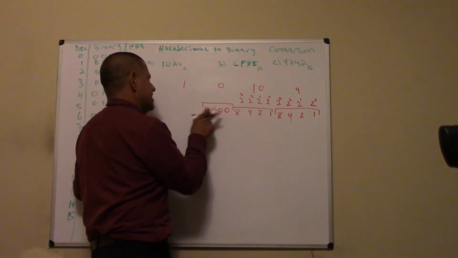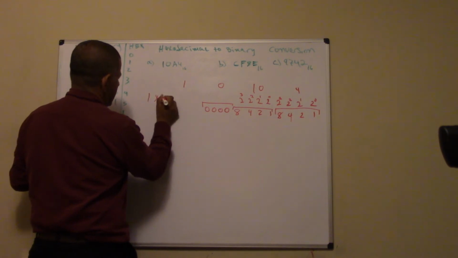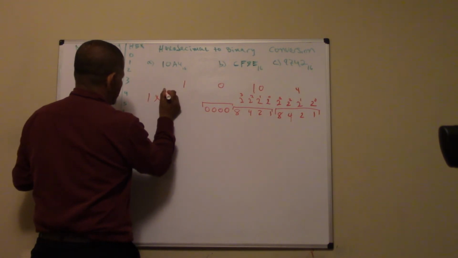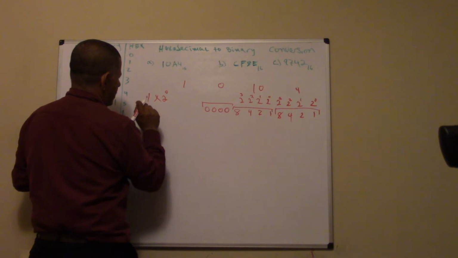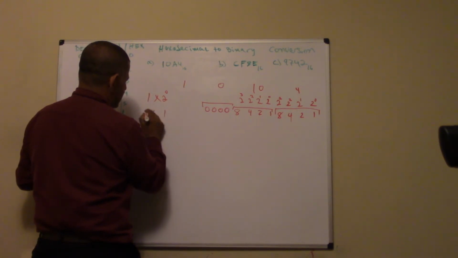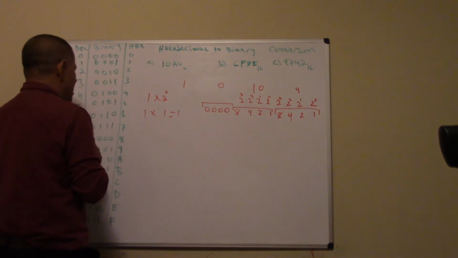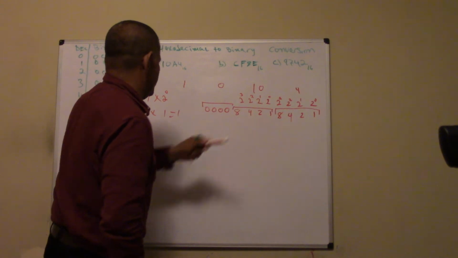Think about what we did last time. What we did last time was 1 times 2 to the 0 power, right? That number is 1. 1 times 1 is equal to 1, right? So that's how we got all these numbers.